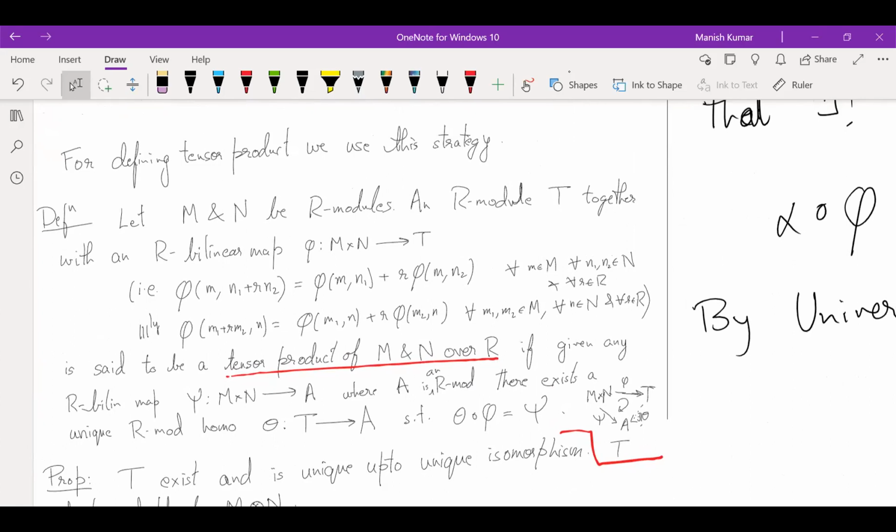So you should remember the definition, and this universal property is what allows you to prove some basic properties of the tensor product, which I'll go through a little bit, and they allow you to compute tensor products of modules and so on.